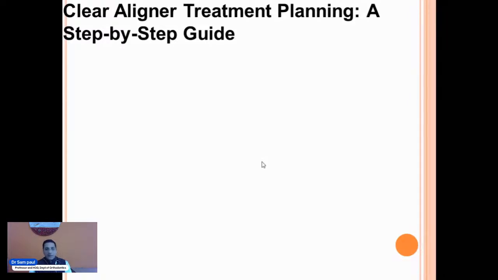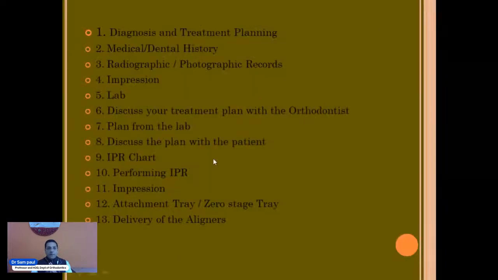So what are the things you are supposed to do? First thing, as for any orthodontic treatment, is diagnosis and treatment planning. First, we have to diagnose what the problem is. Again, you might have heard about case history and the chief complaint. You should be mainly concerned with the patient's chief complaint.